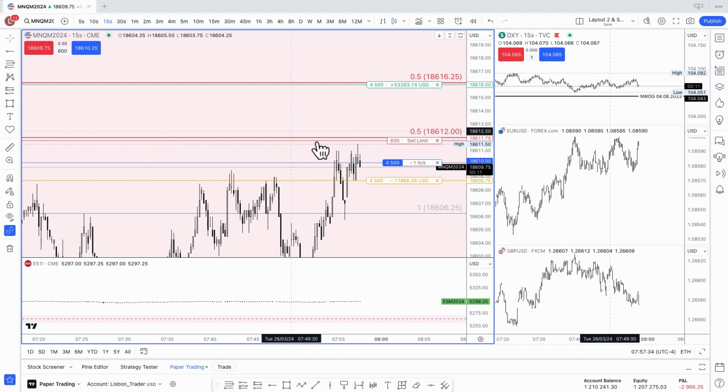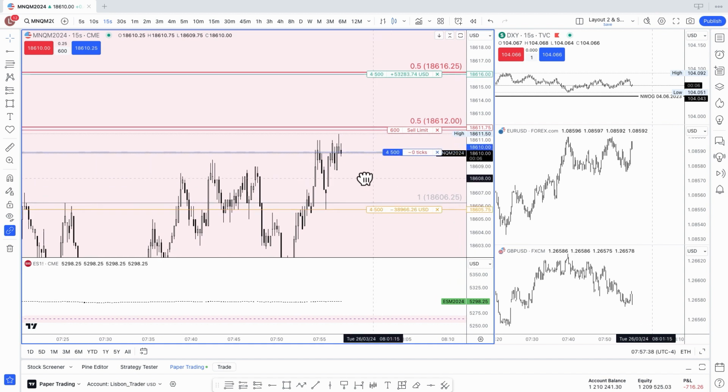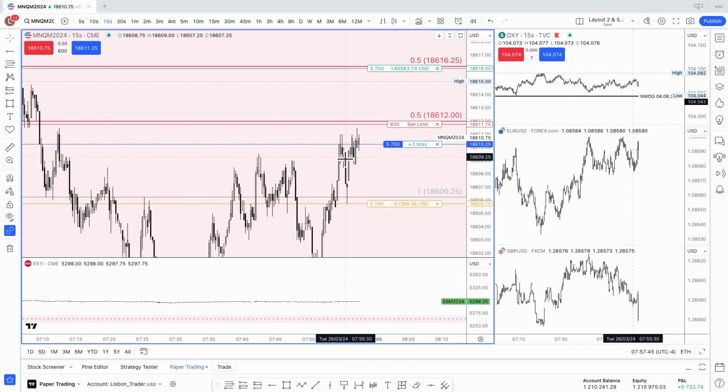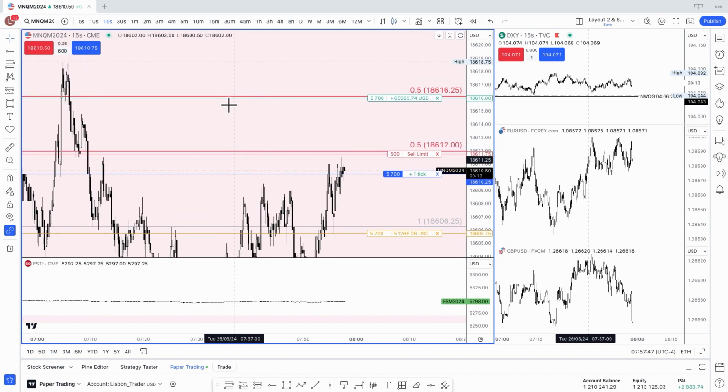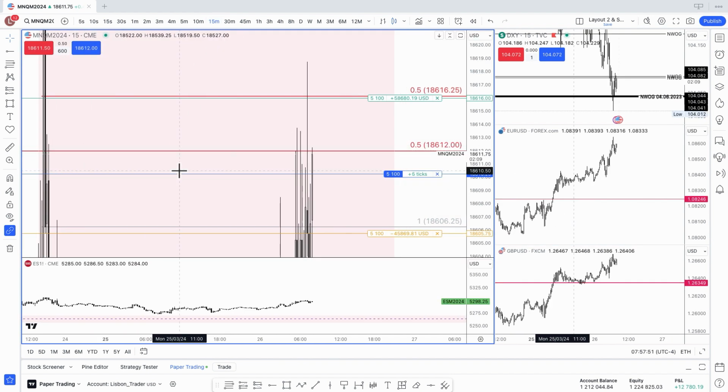It's rejecting. Build a 50k position. So 50k now. Yeah, so we are going up.